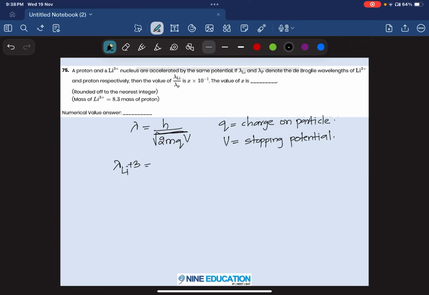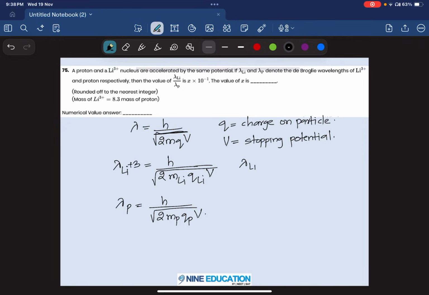For lithium plus 3, lambda de Broglie is equal to h by under root 2 into mass of lithium plus 3 into q of lithium plus 3 into v. V is the same, they have told in the question. In the same manner, lambda proton is equal to h by under root 2 into mass of proton, charge of proton into v.